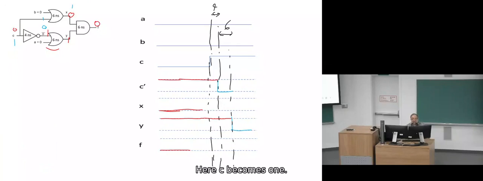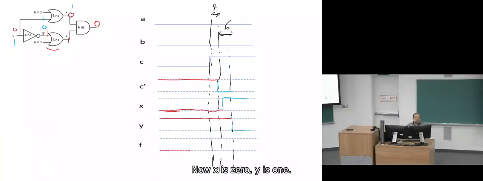After 6 nanoseconds, X becomes 1. This is 4 nanoseconds, and 6 nanoseconds is here. Before that, X was 0 up to here, and then it becomes 1 at this position.